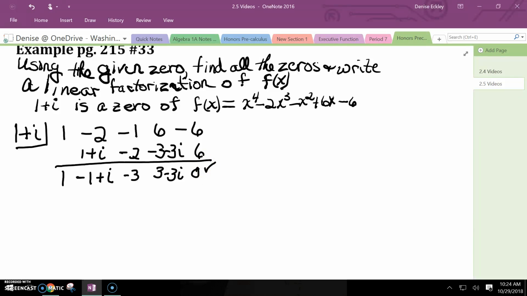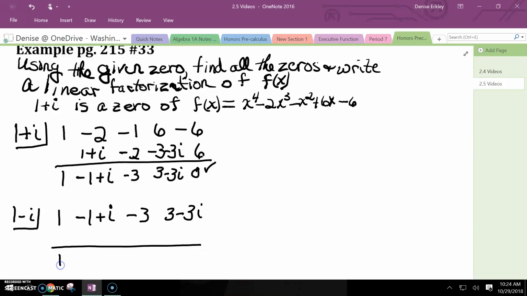So from there, what I'm going to do with this, because I have complex coefficients right now, is since we know 1 plus i is a 0, its conjugate, 1 minus i, is also a 0. So I'm just going to bring those numbers down and perform synthetic division on my result from the last problem, and I can go from there then.